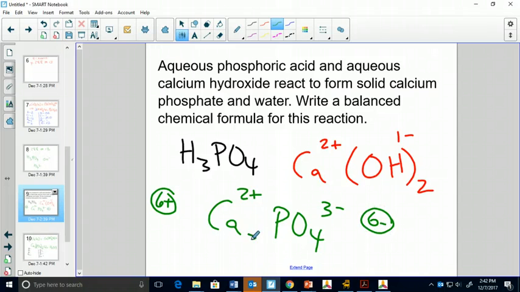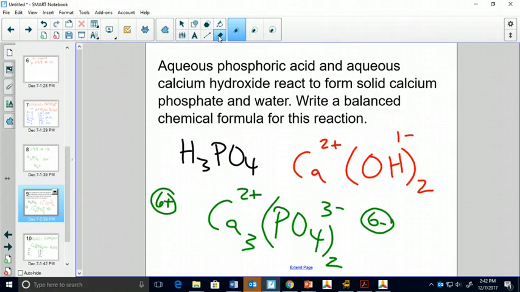So that means I need 3 of these and 2 of those. Of course, there would not actually be charges in this compound, so I'm going to erase that just so you don't get confused. Here is my formula, Ca3(PO4)2. So those are my pieces. And of course, water you know is H2O.